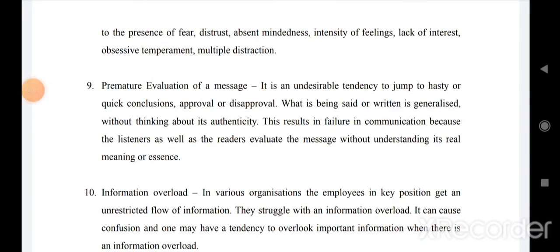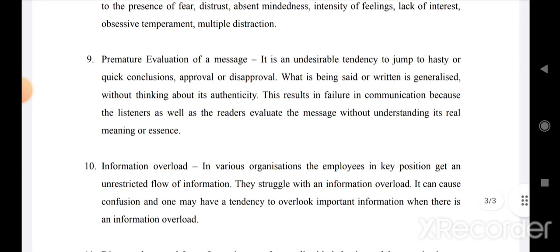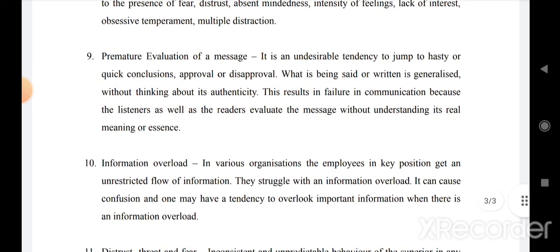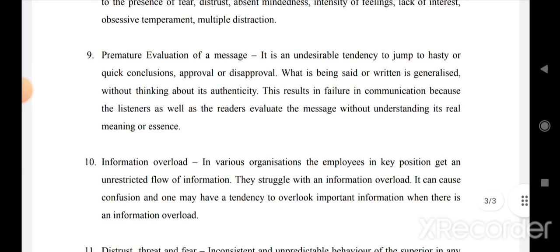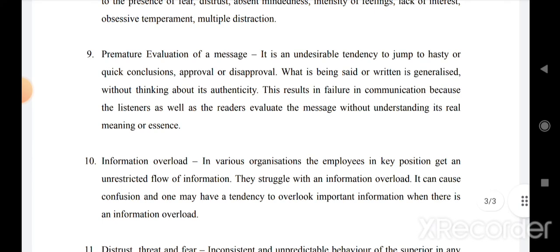Okay, so the next barrier that we need to discuss is premature evaluation of a message. This is an undesirable tendency to jump to hasty conclusions, giving approvals or disapprovals very quickly without thinking about what is being said to you. Whatever is being said or written is generalized, again a mistake, without thinking about its authenticity.